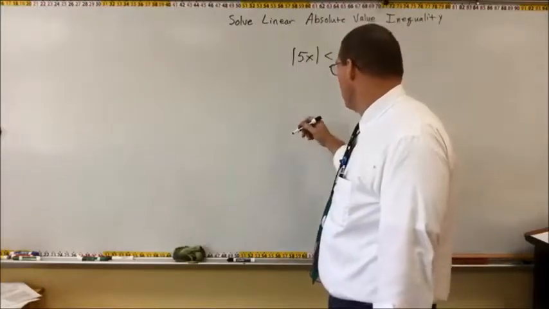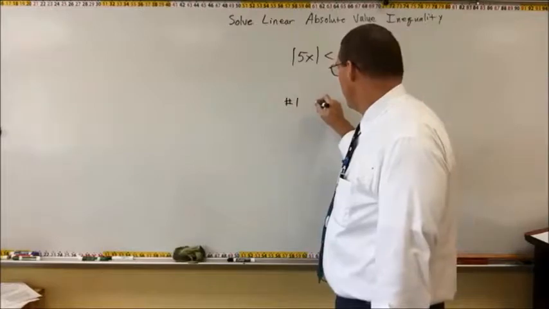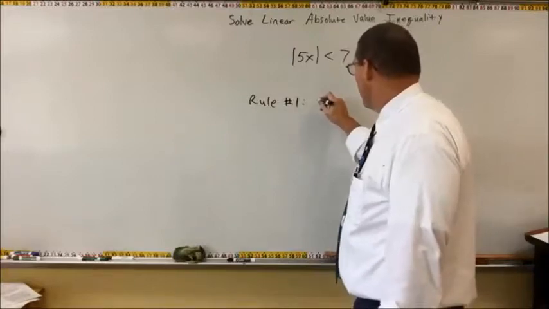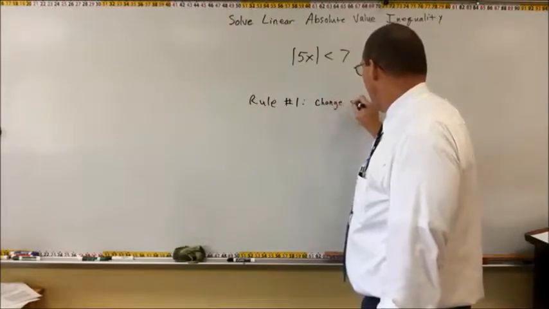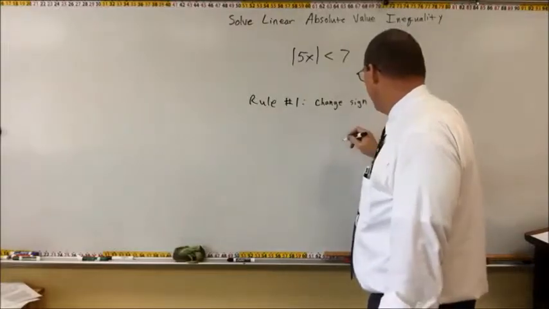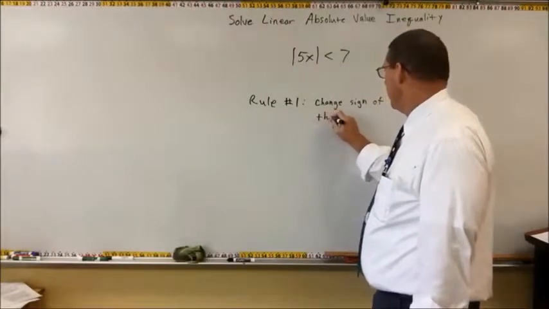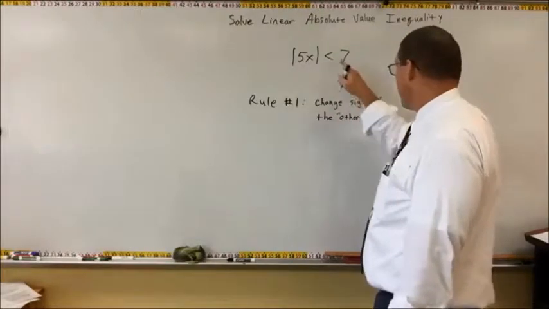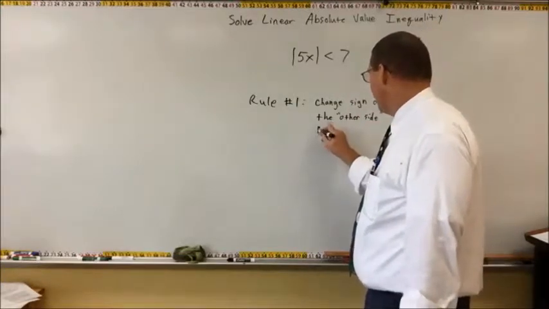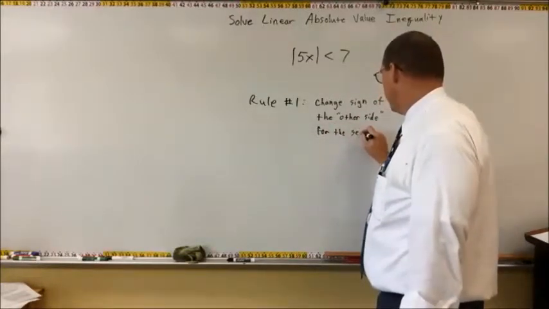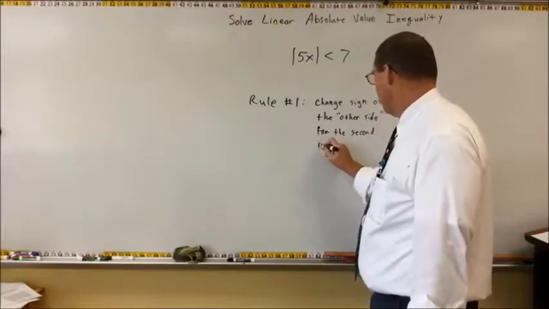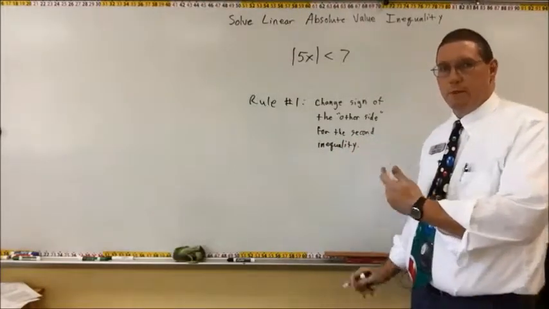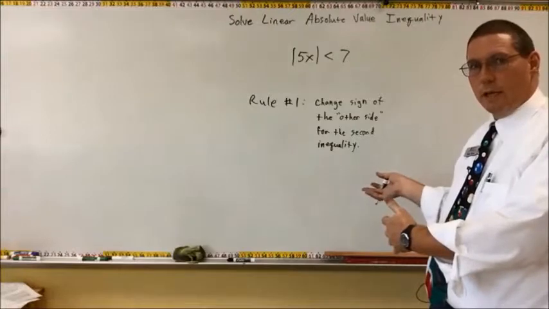Rule number one is change the sign of the other side, in this case the 7, for the second inequality that you set up. That's the first rule. And you already saw that in the example I just did. We set up two separate equations and we changed the sign on the other side.